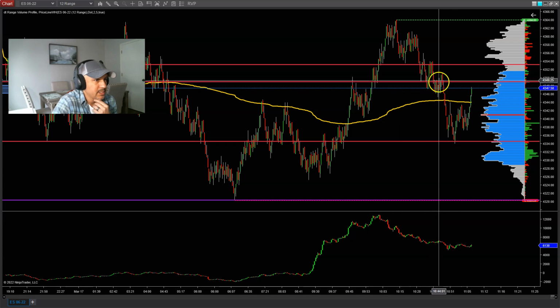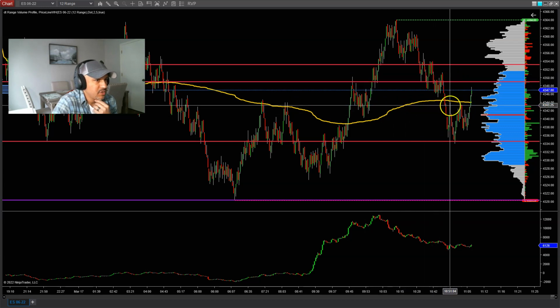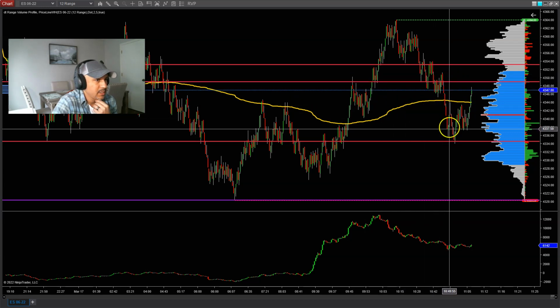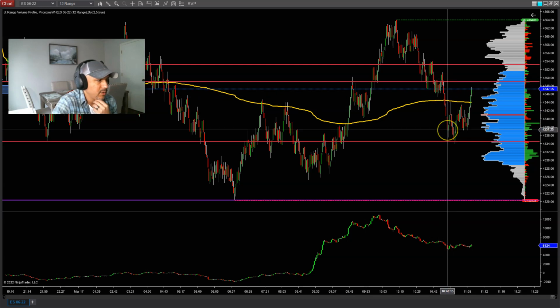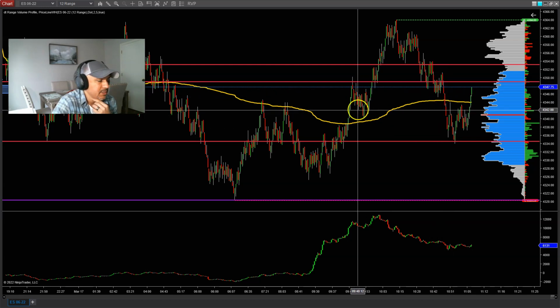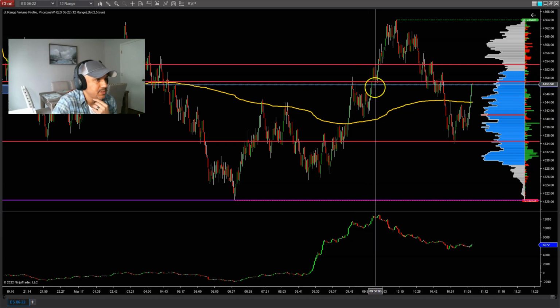So the swing right here broke down, breaking structure, making a lower low. It took out support right here, broke down, made a low, and then it took out structure to the left-hand side, which was this swing to the upside. Now we are pretty much back into that area.